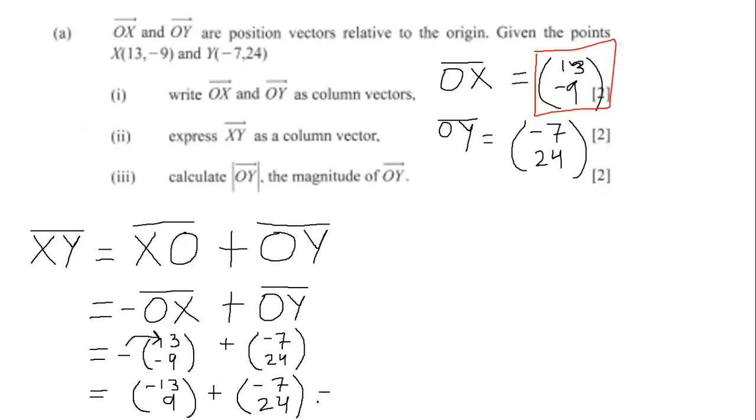So let's say I owed you $13 and I owed you $7. How much do I owe you in total? Well, in total I owe you $20. And because I owe you $20, it's a negative 20.